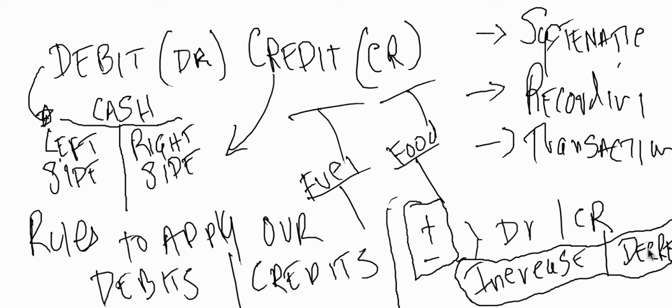The question now is, well, okay, that's great, Victor, but how do I know which account ends up on the left side of the account or the right side of the account, depending on whether I want to increase that account or decrease that account? All right, so let's take a little gander here, shall we?